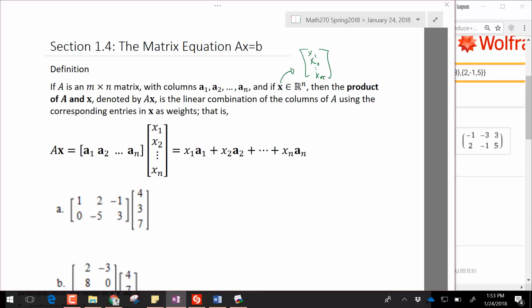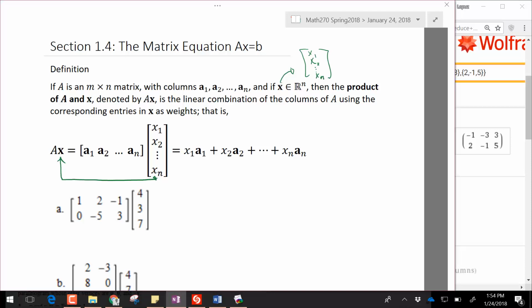Okay, so that's what happens here: the matrix A can be seen as a matrix of column vectors, and your vector X is just another vector in Rn, which can be seen as itself a column vector.